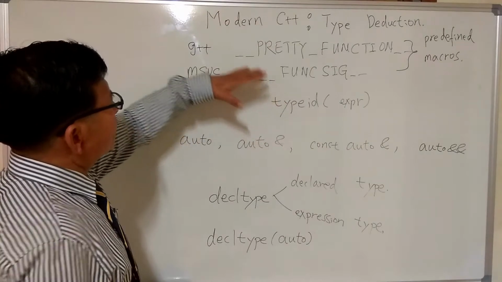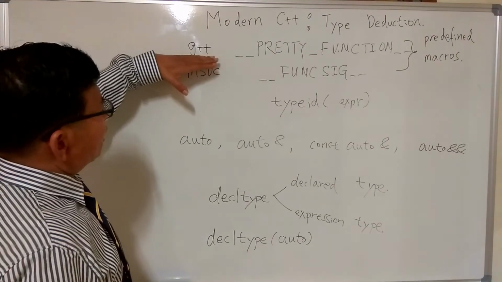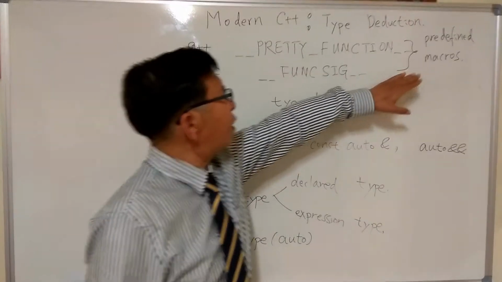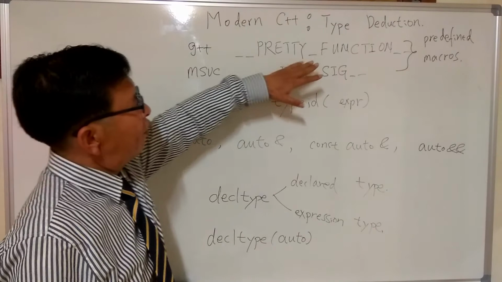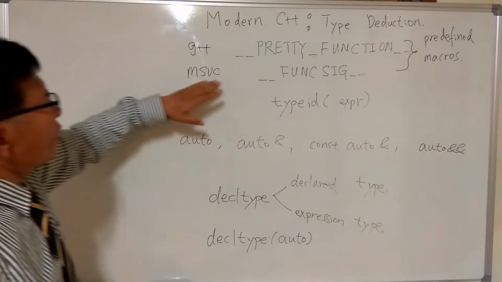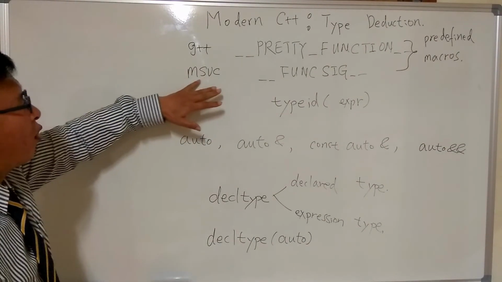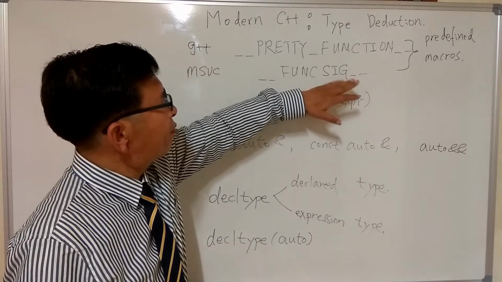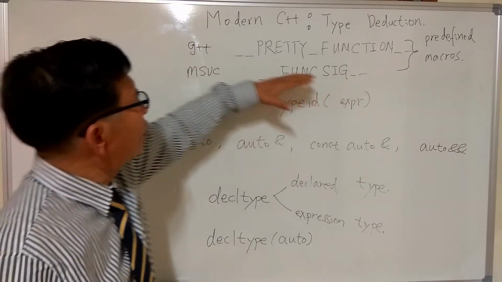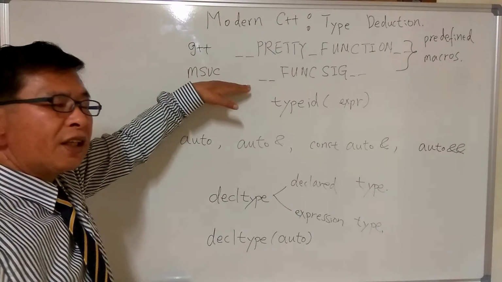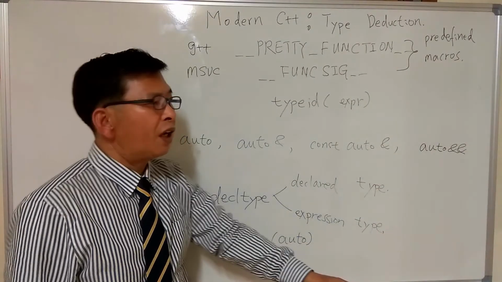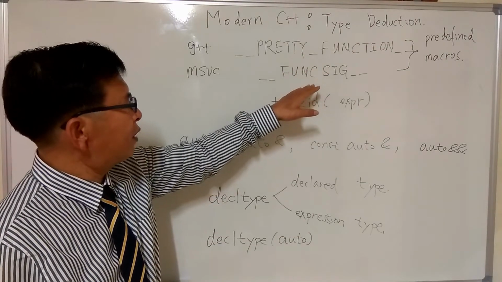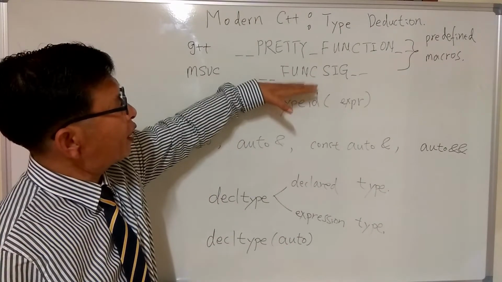We will learn that G++ defines one predefined preprocessor macro called __PRETTY_FUNCTION__, and MSVC, Microsoft Visual C++, defines the __FUNCSIG__ predefined macro. These two macros are very handy when you do C++ metaprogramming or template programming. These two macros are very useful.